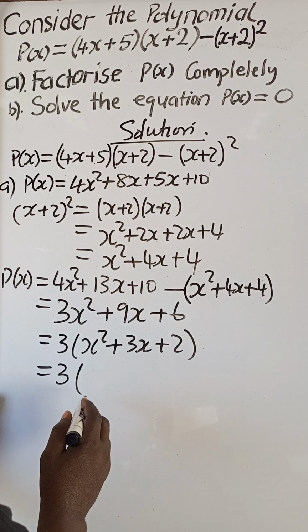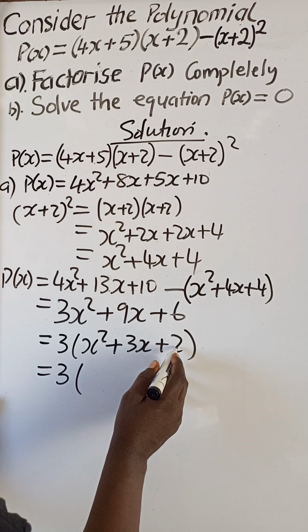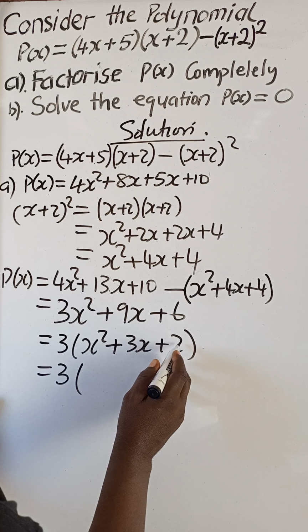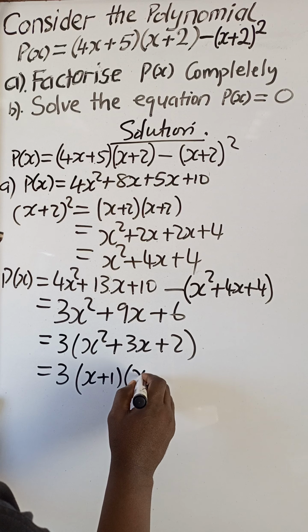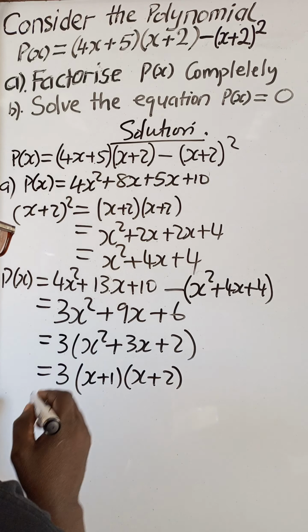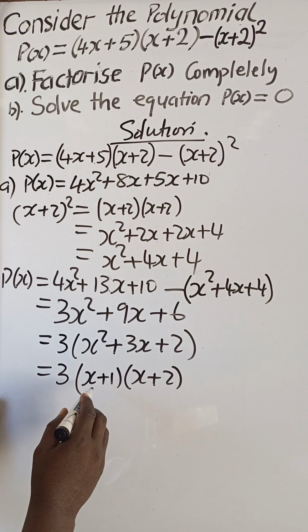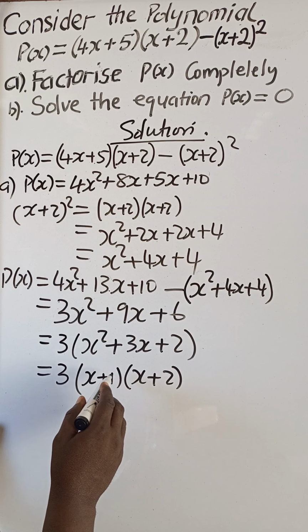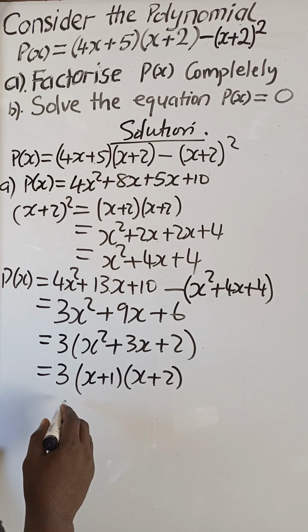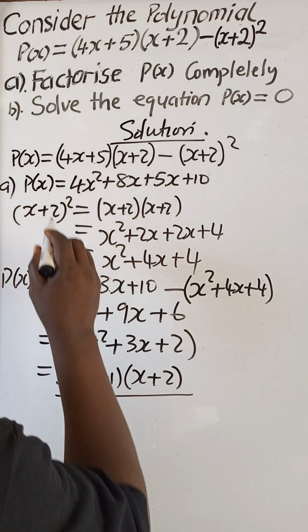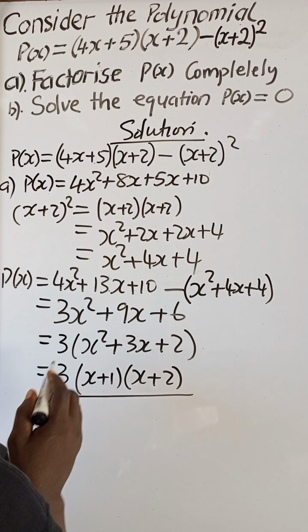The two factors of 2 whose sum is 3 and whose product is 2 are just 1 and 2. So p of x factorizes into 3(x + 1)(x + 2). So this answers the first part of our question, factorize p of x completely.